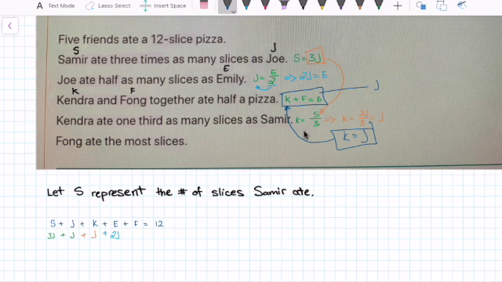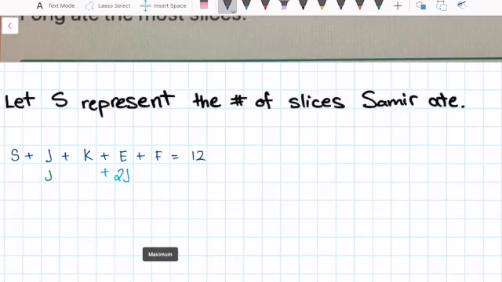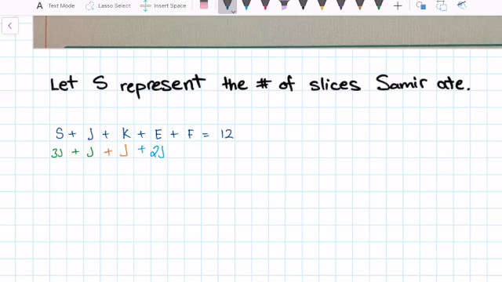So we have j plus f equals 6. Then take the j over. So f is equal to 6 minus j. So over here, we will have 6 minus j. Now all of this is equal to 12.